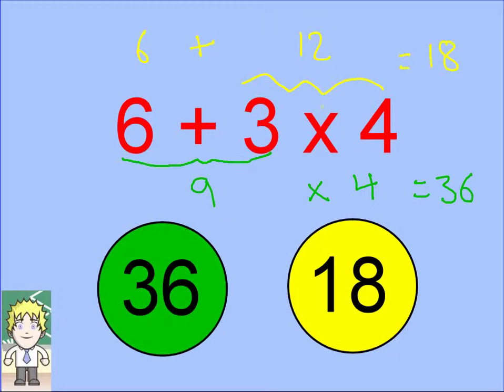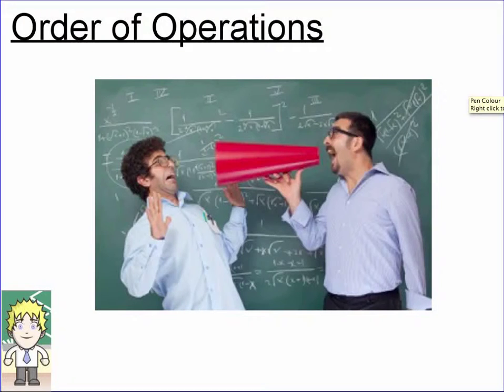One I started left to right, the other one I said no, I'm going to multiply first, and both could be fine. But we as mathematicians, and this isn't just us as a class, this is every mathematician in the world, need to be able to see this question and know what to do first. If we don't have a rule, we would have people arguing like this.